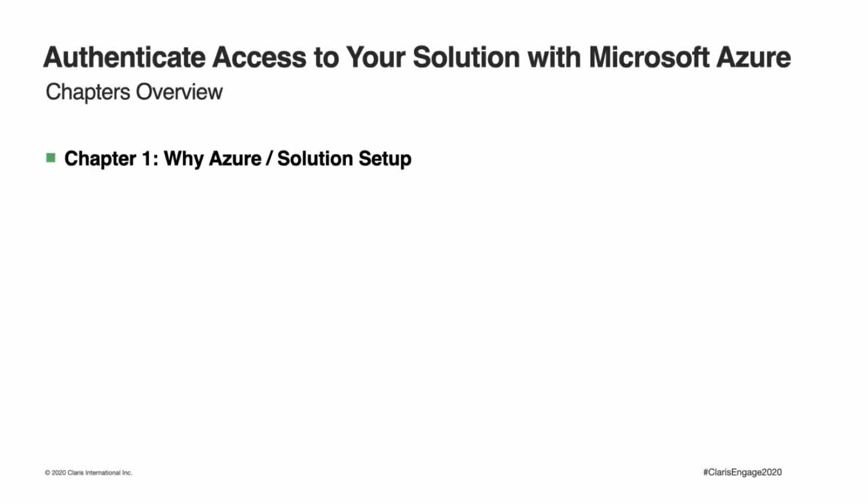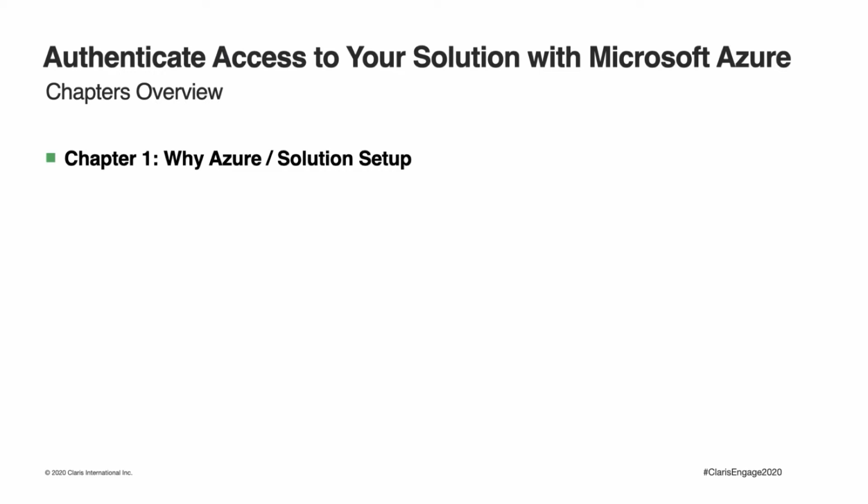But before I dive in, here's a quick outline of the steps I will cover. In this first chapter, I will discuss why you should strongly consider using Azure AD, then a quick preview of our solution setup.